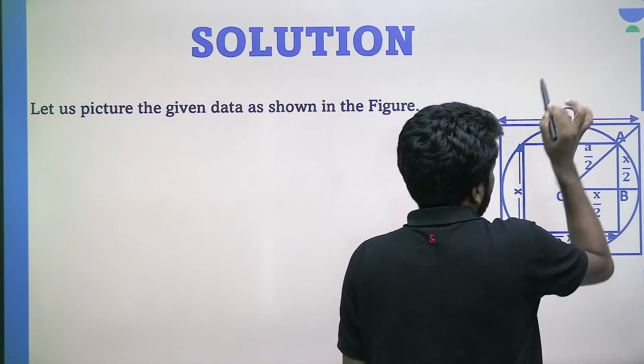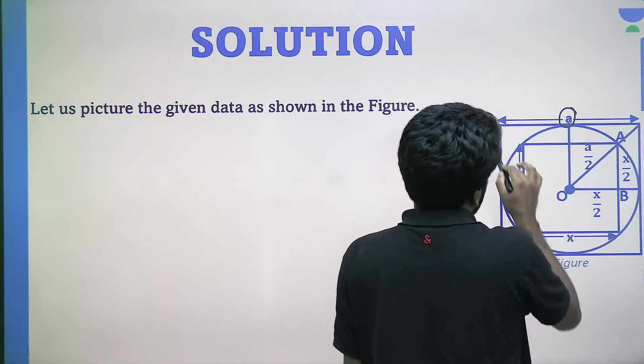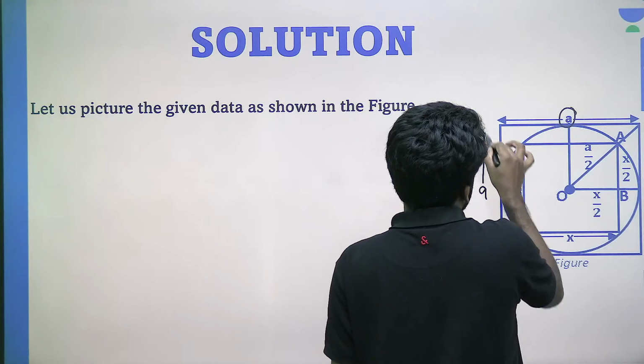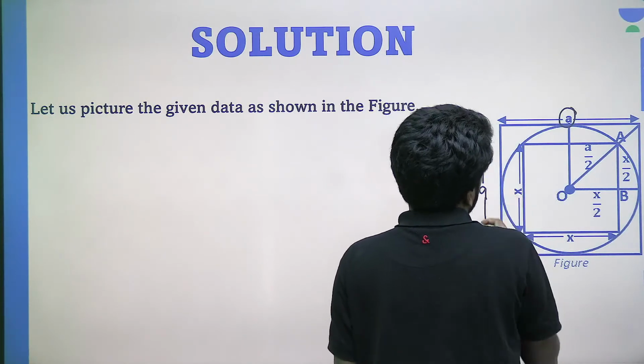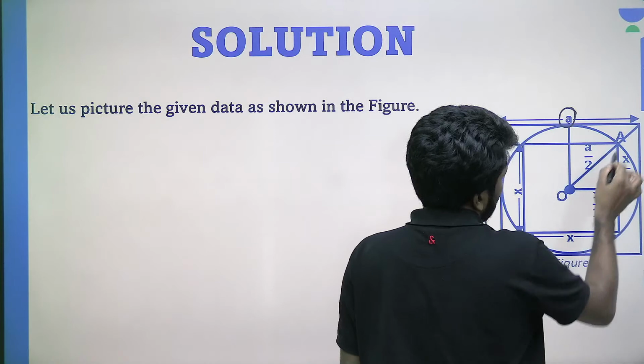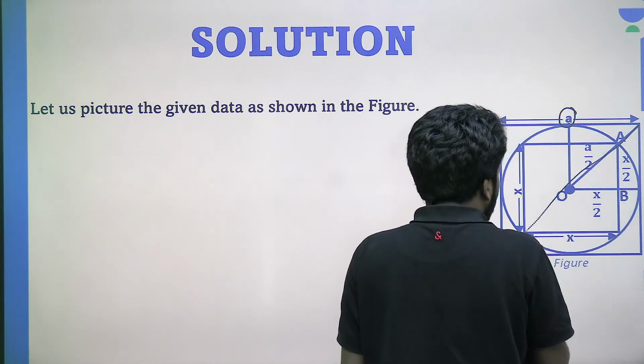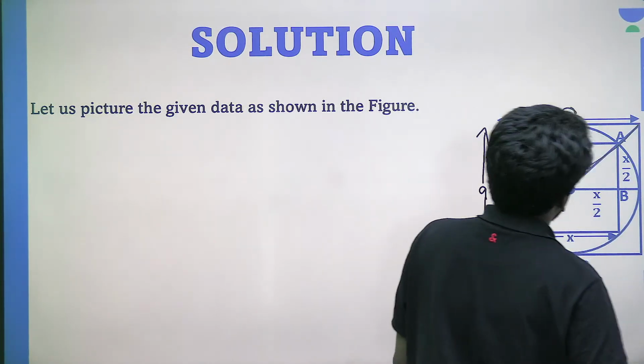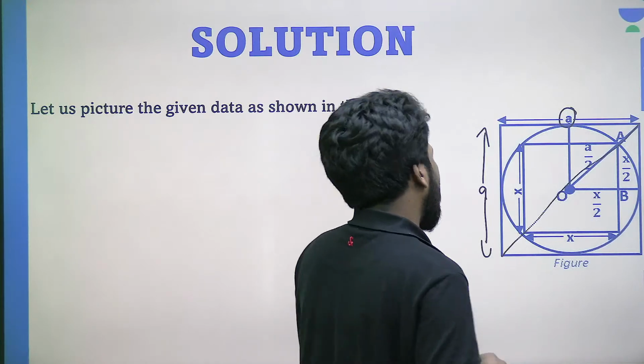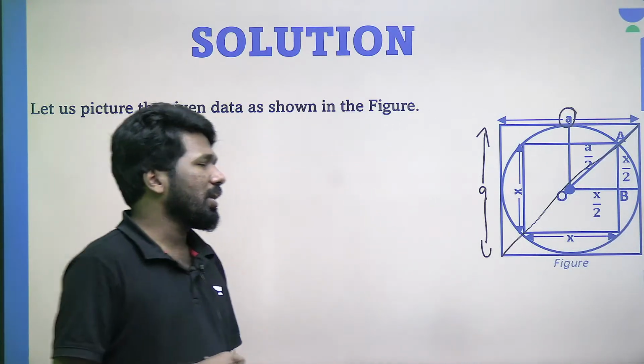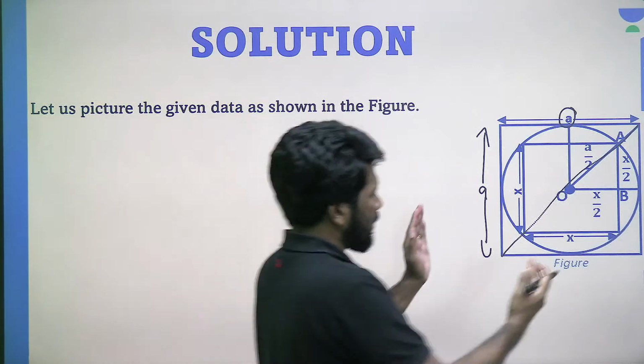ये वैल्यू a दिया है, तो ये वैल्यू भी a होगा ना, क्योंकि ये दोनों सेम स्क्वायर का साइड लेंथ है. तो ये डायगोनल वैल्यू क्या होगा? पाइथागोरस थ्योरम यूज कर सकता है ना. वो डायगोनल वैल्यू वो सर्कल का डायमीटर से इक्वल होगा ना.